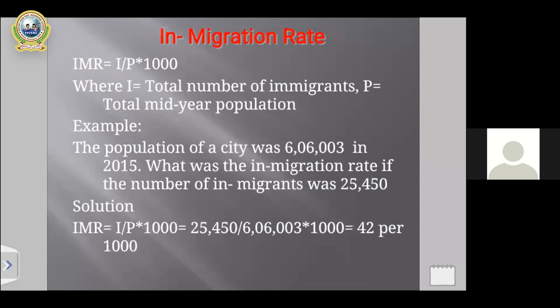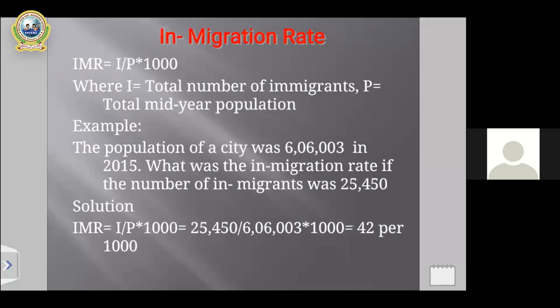25,450? Calculate, that means what was the IMR if the number of incoming in-migrants was 25,450. Now, after that you can see there is a solution, and for the solution we put the formula at first. The formula is IMR equals capital I divided by capital P multiplied by 1000 to calculate the IMR. So my dear students, once again you can see the example. Now, what's the total number of in-migrants?